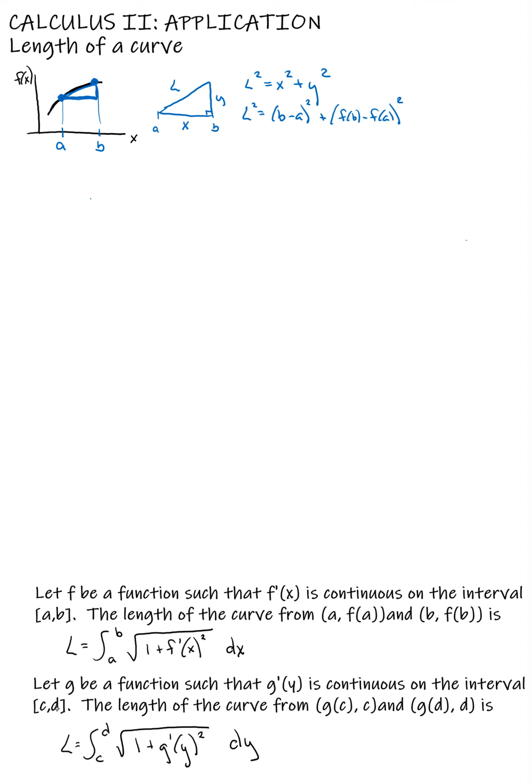The next thing I want to do is factor out the (b minus a) squared. So if I factor that out, I end up with 1 plus (f of b minus f of a) squared over (b minus a) squared. Now, if that's a little hard to follow, all you need to do is go through and distribute that (b minus a) squared, and you'll see what you end up with is that little bit above.